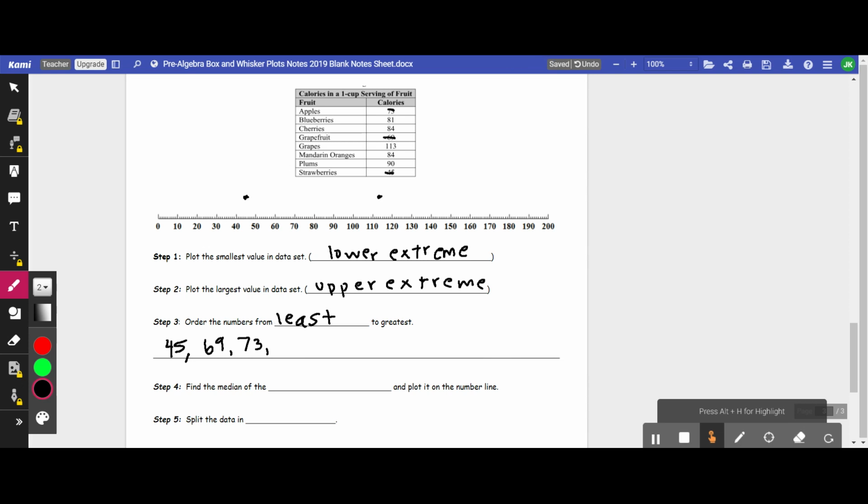After the 73, you'll have 81. And then after the 81, you have 84 and 84, two 84s, so you can list both of them here. After the 84s, you'll have 90, and then 113 would be your last one.